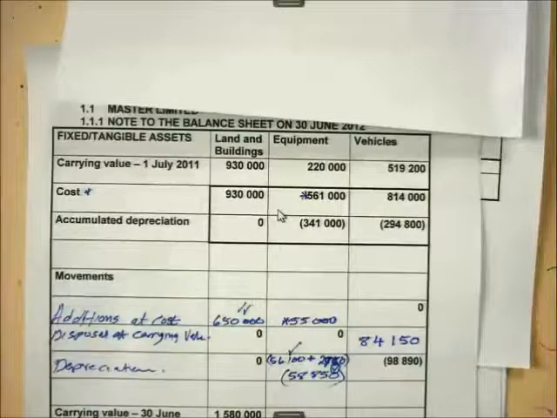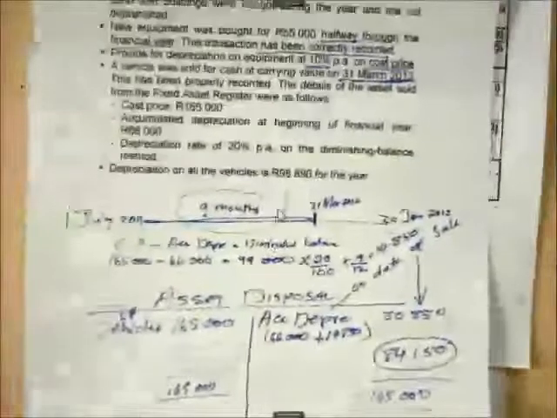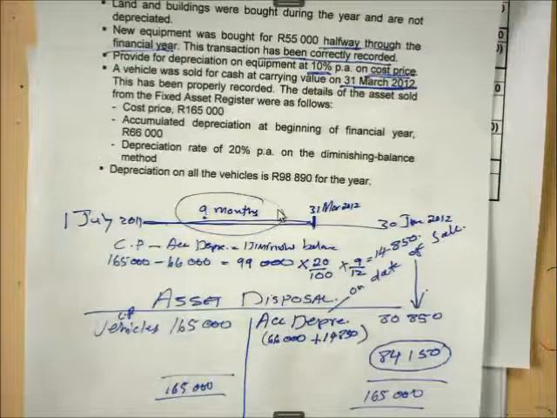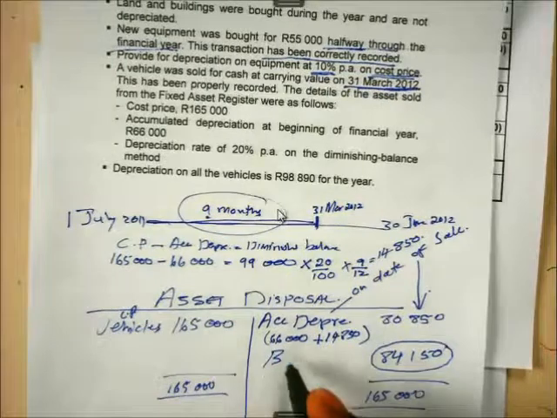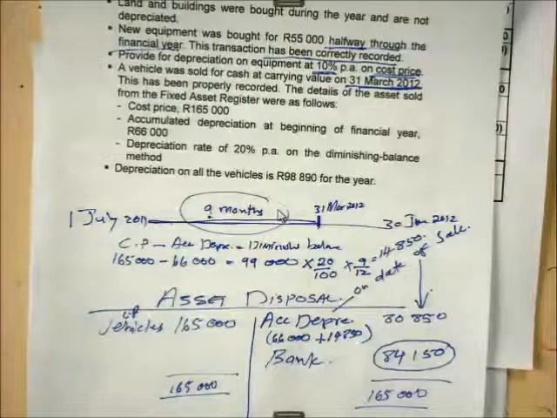I made that calculation using the asset disposal account. They said it was sold for cash, therefore here you'll have your bank. So if you don't want to make any mistake, please use the asset disposal account to make this calculation.